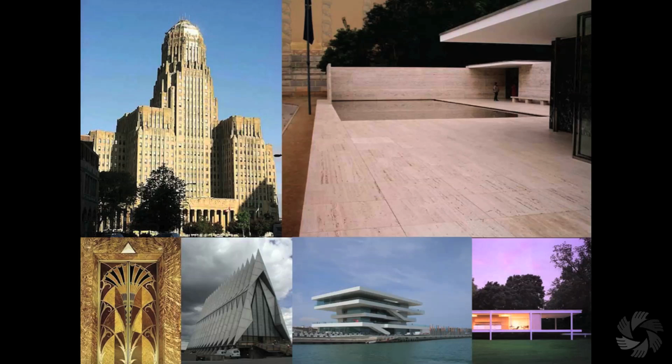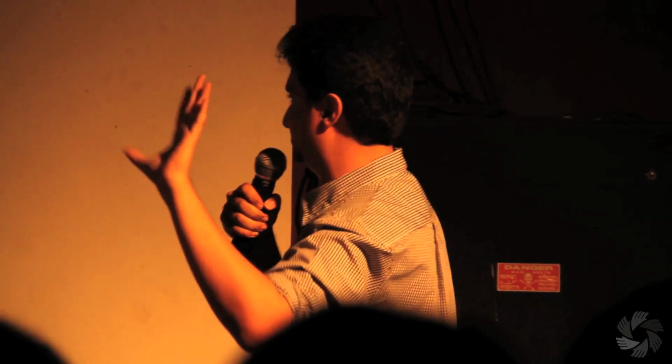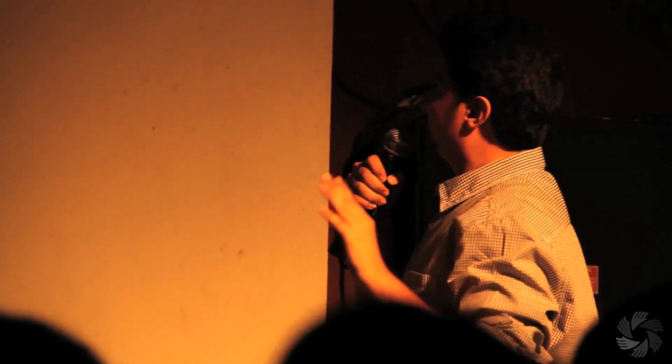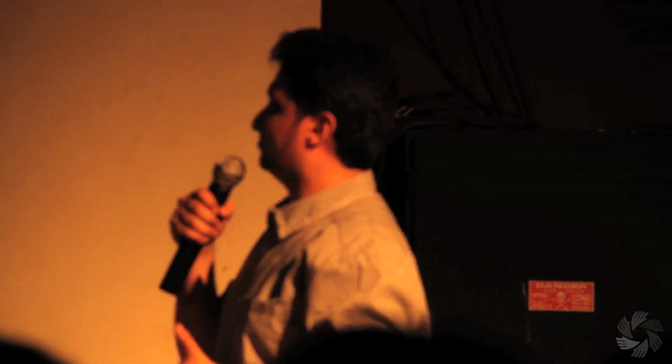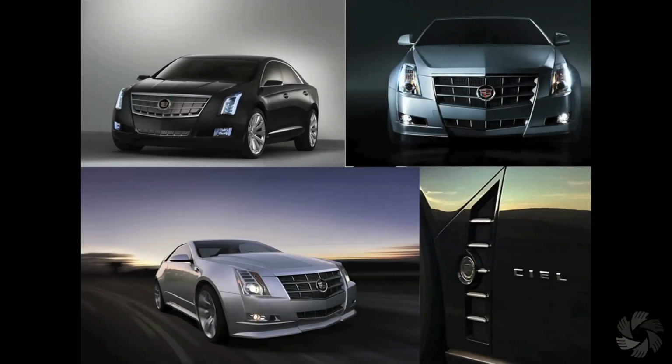So any architects around here would know what this is. For those of you who don't know, these are basically two architectural techniques. On the left, you have something called Art Deco. On the right is a minimalist kind of approach by Mies van der Rohe. Google it. It's a long story. But a car company called Cadillac, owned by GM, has actually used both of these architectural styles in their cars. Have a look at the graphics.